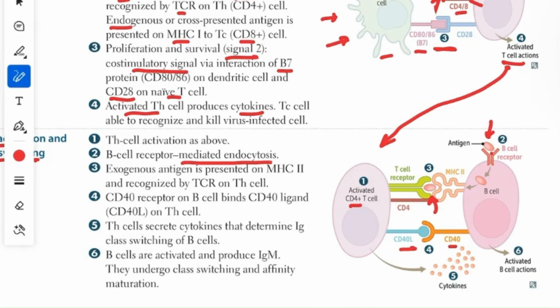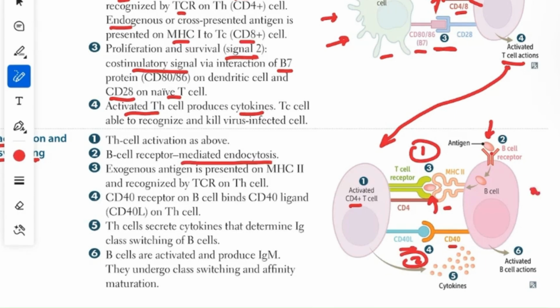Because you could get questions that ask what will happen if you have just the first interaction, this is number one, and you don't have this number two interaction. Mind you, this CD40 and CD40 ligand interaction is not just for the B cell alone.